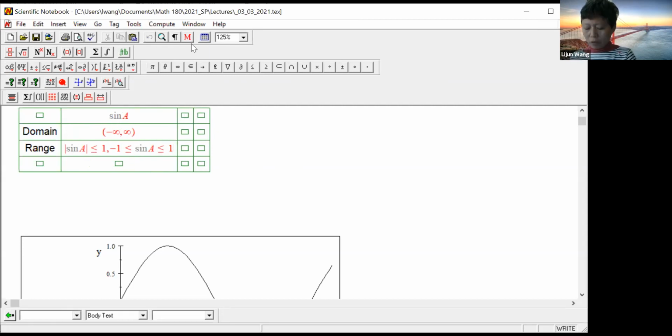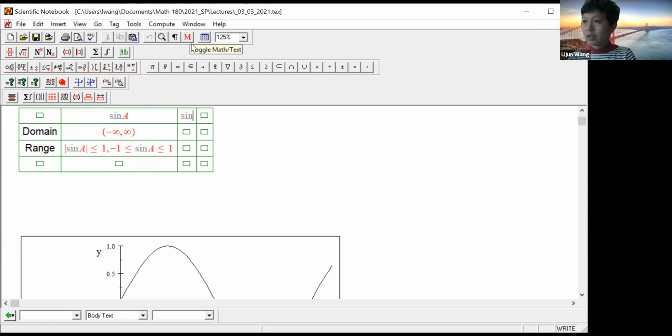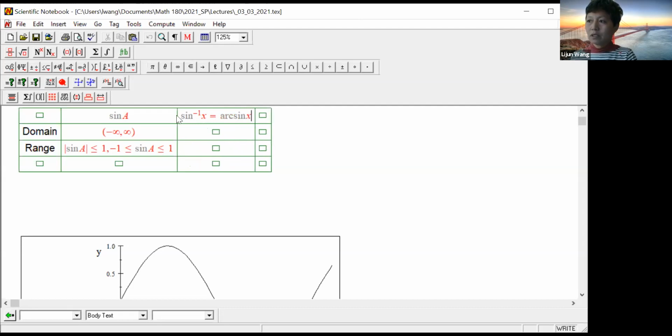And the other function is, of course, the sine inverse x, or arcsine x. These are the notations you will often see.